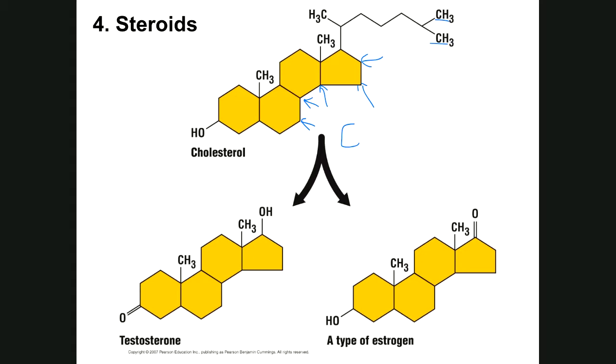One type of steroid is cholesterol. Cholesterol is described two ways. In regards to steroids, it's described as a precursor used by cells of an animal's body to make other steroids, such as testosterone and estrogen.